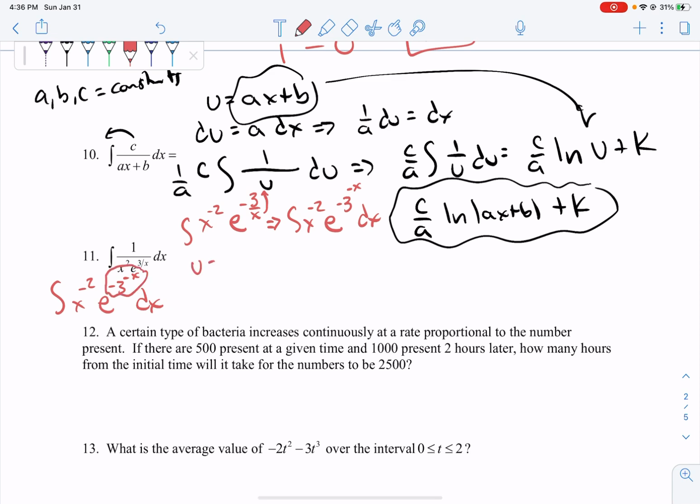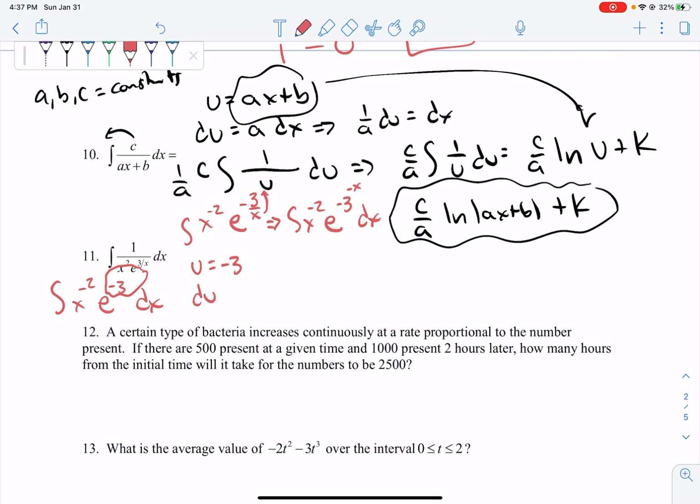So let's let u equal negative 3 to the negative x, because then du, or not to the negative x, we're doing negative 3 raised to the, I'm writing this goofy. Sorry. It's not to the negative x.